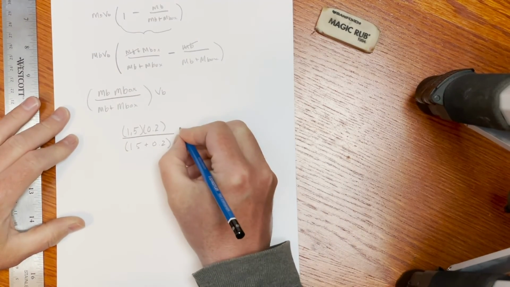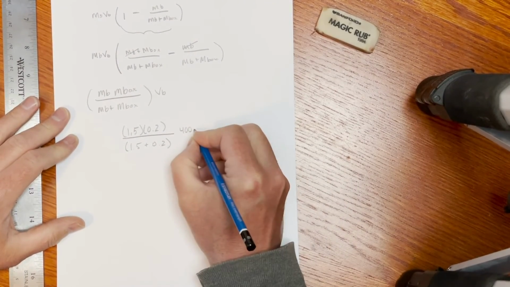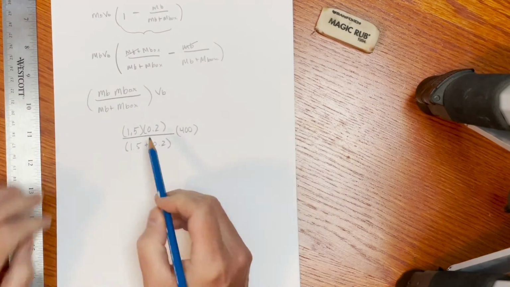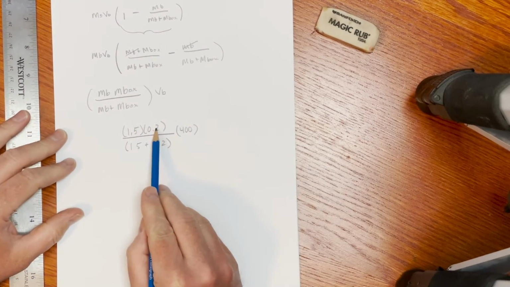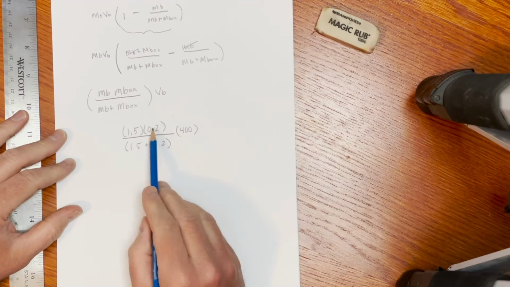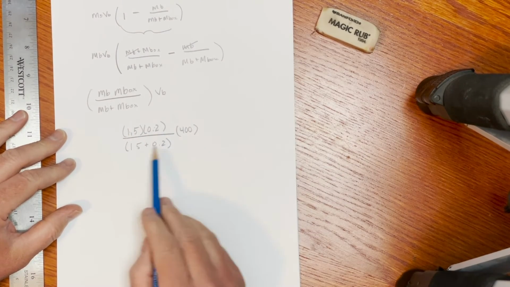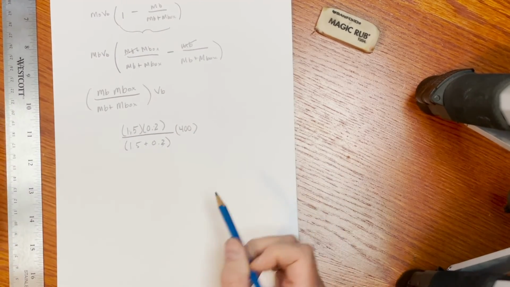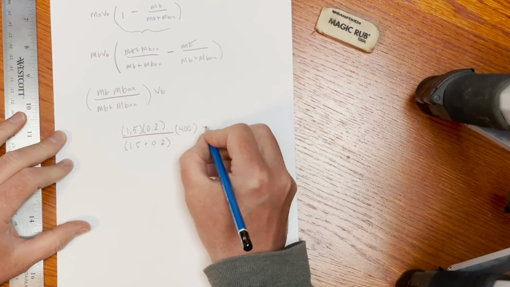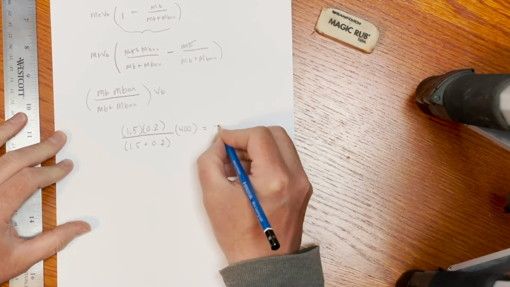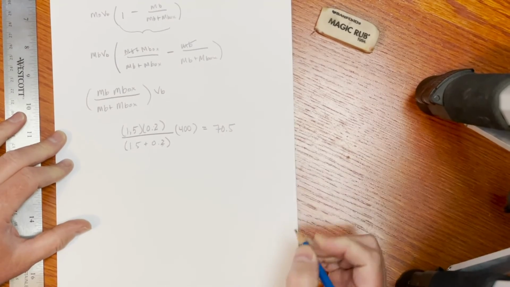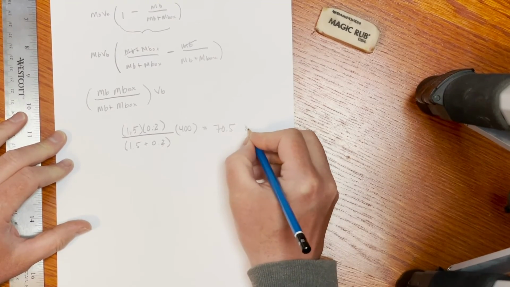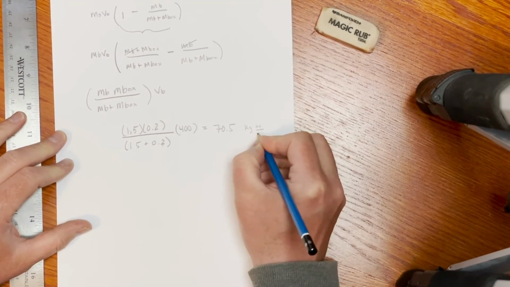And those units work out because I have mass times mass divided by mass. So I have a mass times velocity, that's change in momentum. And this whole thing becomes about 70.5, if my calculator is right, in kilogram meters per second.